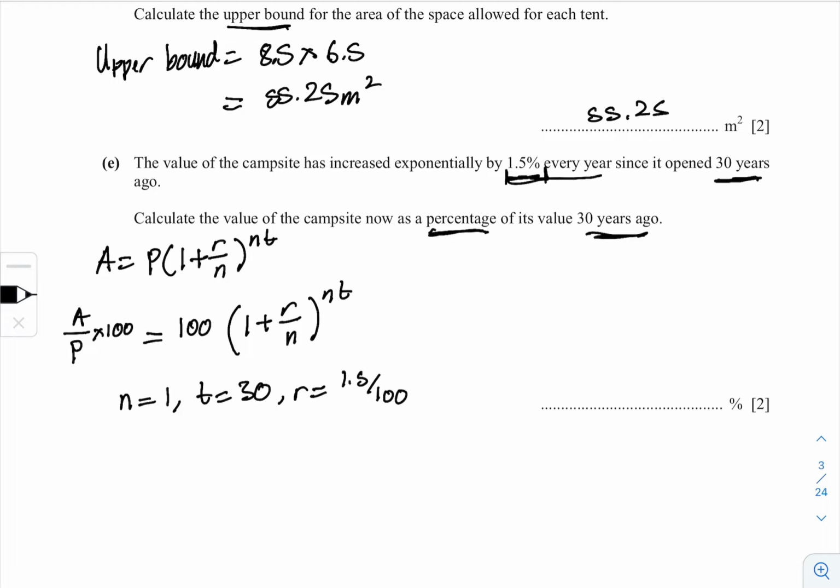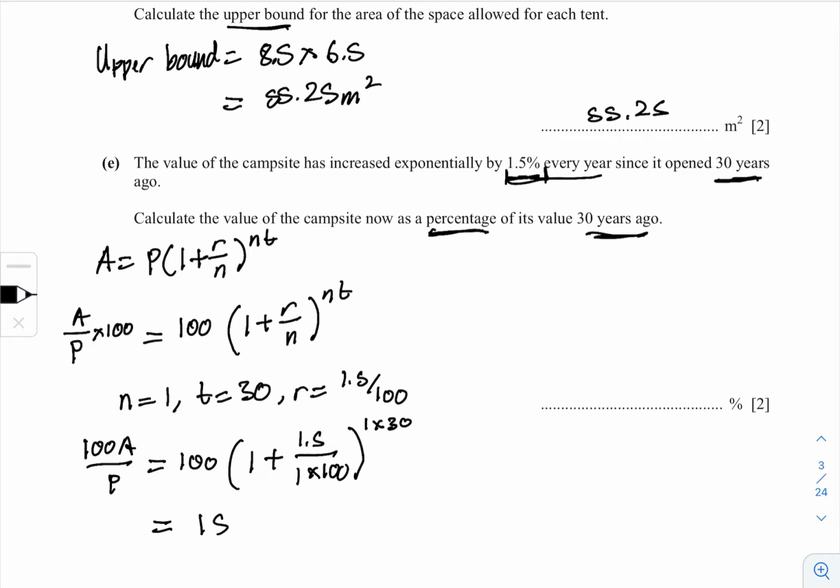Therefore, 100A over P equals 100 multiplied by (1 plus 1.5 over 100 over 1) to the power of 1 times 30. This would therefore give you 156%. Therefore, the final answer is 156%.